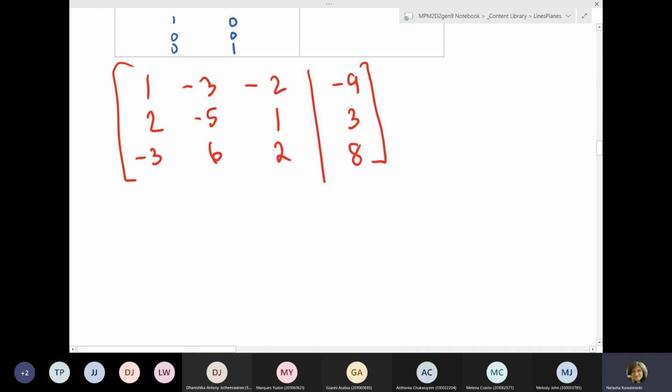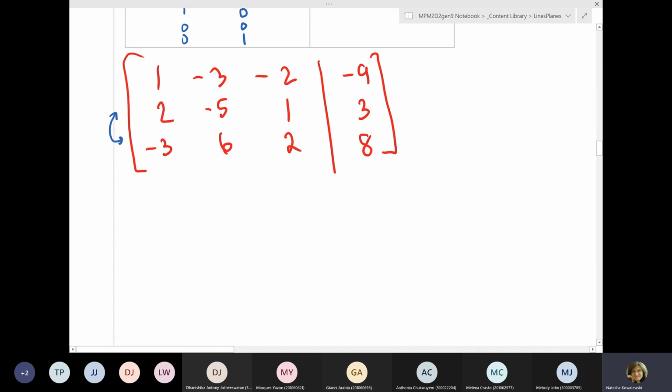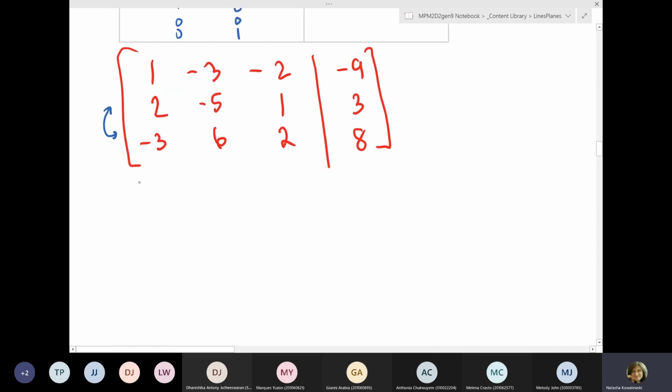So I could swap. I'll swap rows 2 and 3, just because then I'll have the one that I want on the bottom here without an extra step. And then this row I'll keep the same. So you would say row 2, and use arrows to indicate that you're swapping them, row 3. What else can I do in the same step?